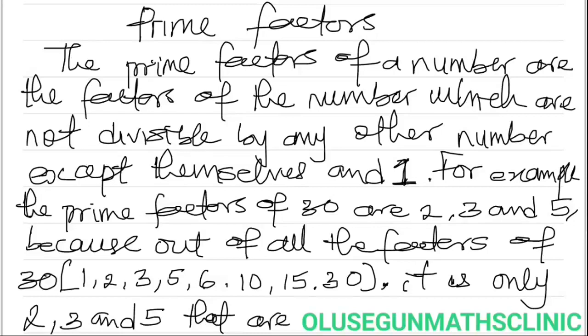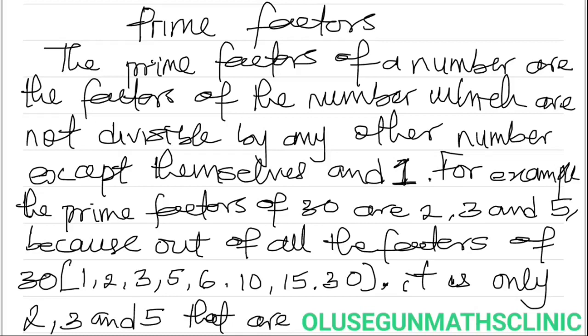Prime factors. The prime factors of a number are the factors of the number which are not divisible by any other number except themselves and 1. For example, the prime factors of 30 are 2, 3, and 5.